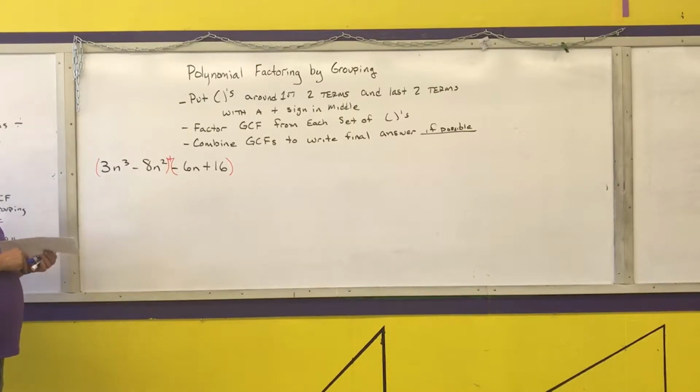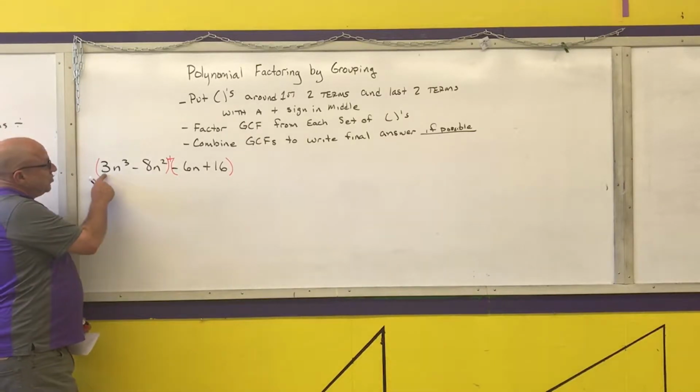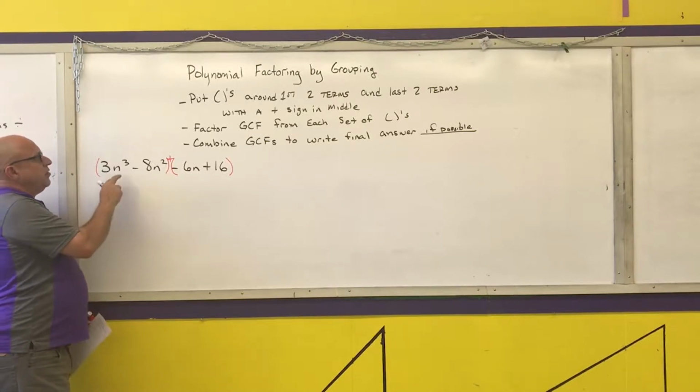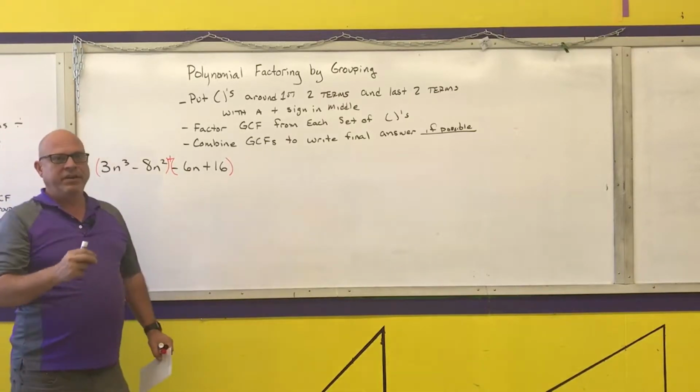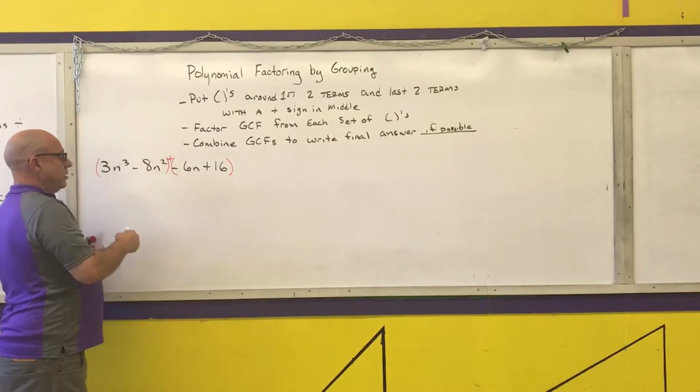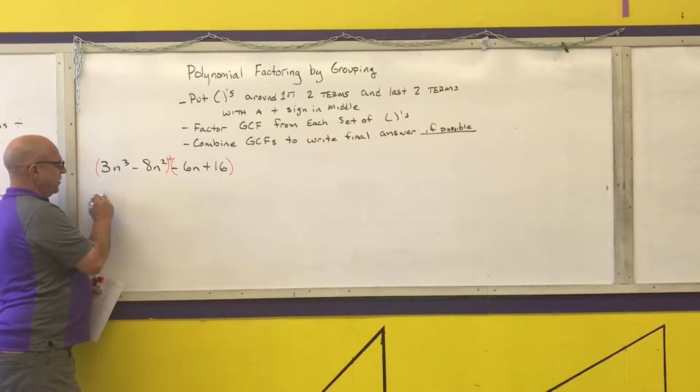Step 2, factor the GCF from each set of parentheses. What's the greatest common factor between 3 and 8? Just 1. Then I write down the lowest power of every variable that appears in every term. N's appear in both terms. The lowest power of n that appears in both terms is n squared.